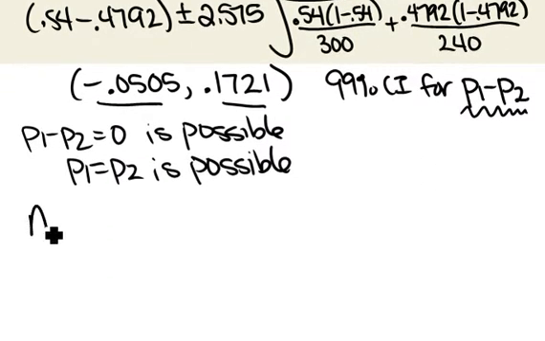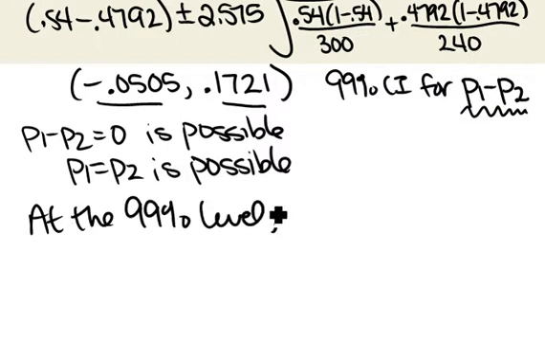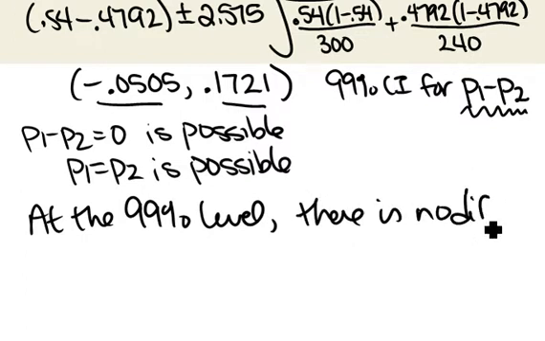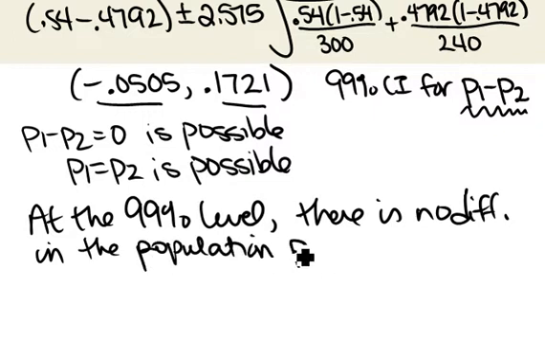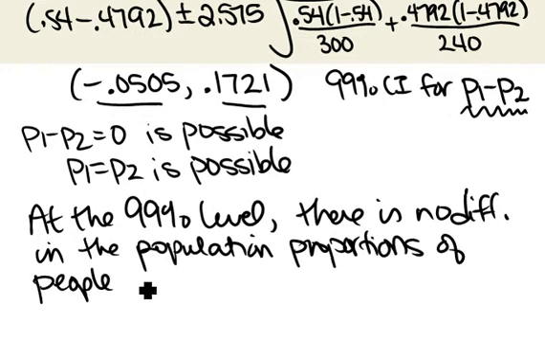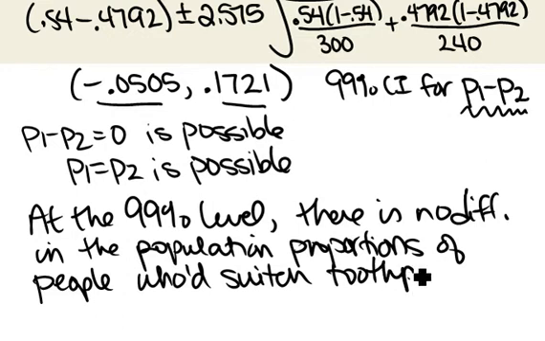So at the 99% level, the level that we did the interval at, there is no difference in the population proportions of people who would switch toothpaste for the two age groups.